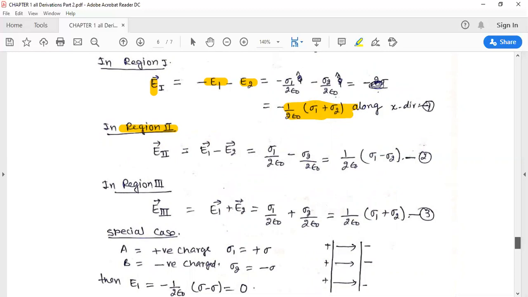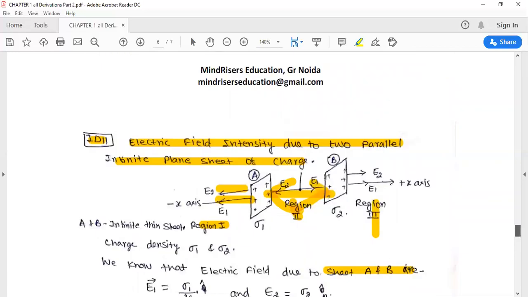Similarly, we can find out electric field intensity in region 3. In region 3, E1 is electric field intensity due to sheet 1, and this is plus charge, meaning outside in this direction. E2 is also due to plus charge, so this will also go outside.